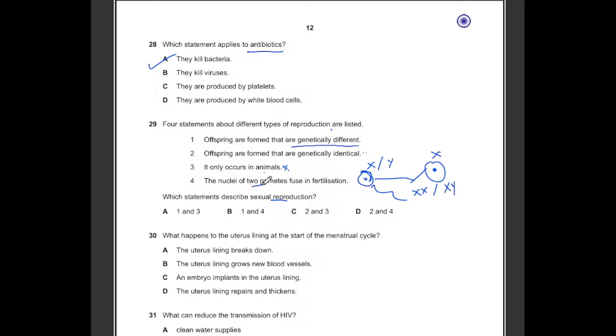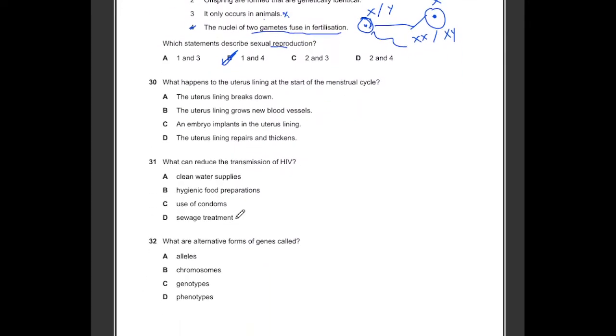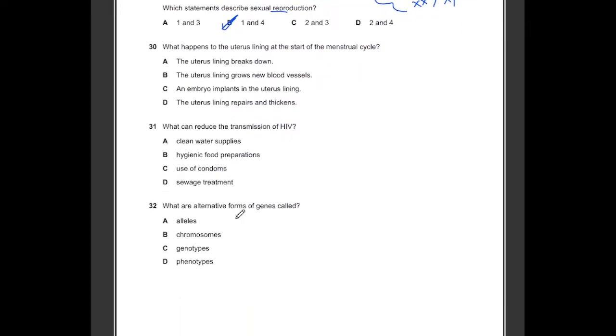So 2 gametes fuse in fertilization, formation of the zygote takes place, and that is one. Which ones are correct? The first statement and the 4th statement. So this is B. Okay, 1 and 4 are both correct here. Next question, what happens to the uterus lining at the start of the menstrual cycle?